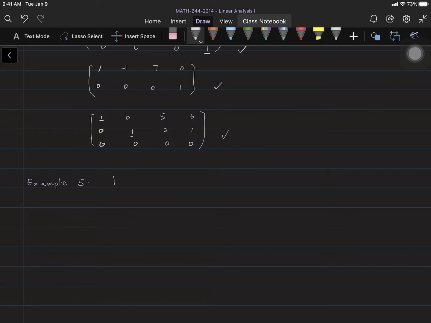Example 5. Determine the reduced row echelon. This matrix is given by 3, 91, 22, 91, 5, 2, 2, 4, 24.